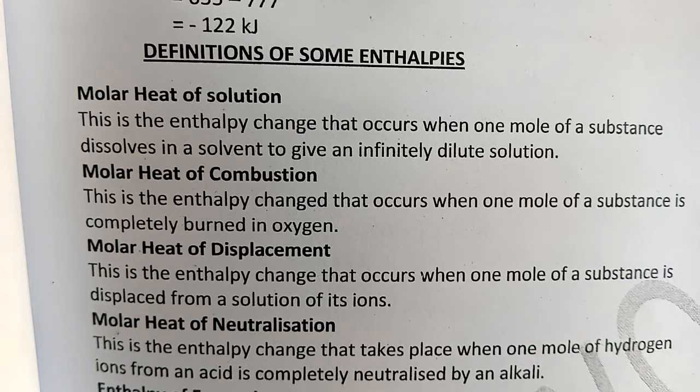But for these other types of enthalpies, if molar is there, then in your definition you must incorporate the words 1 mole of. If the word molar is not there, then you omit that part.